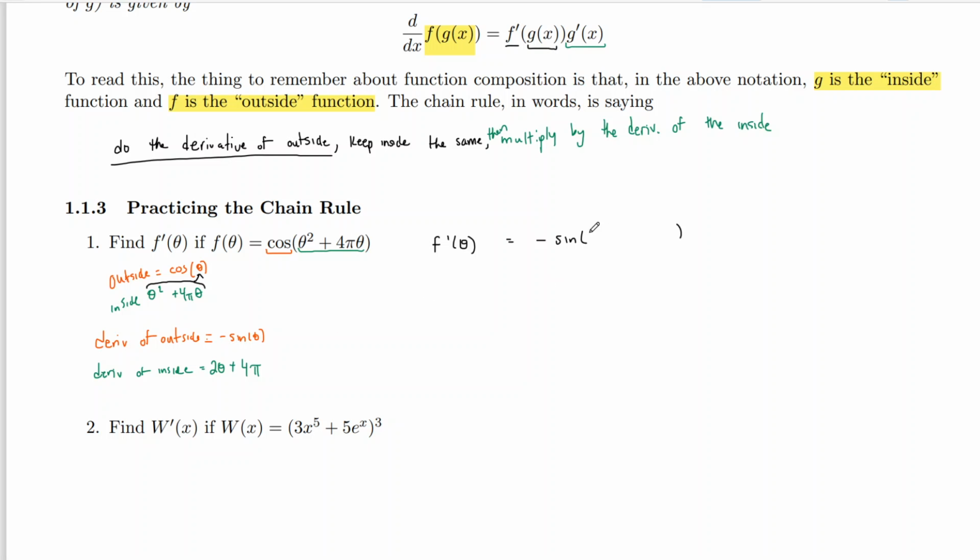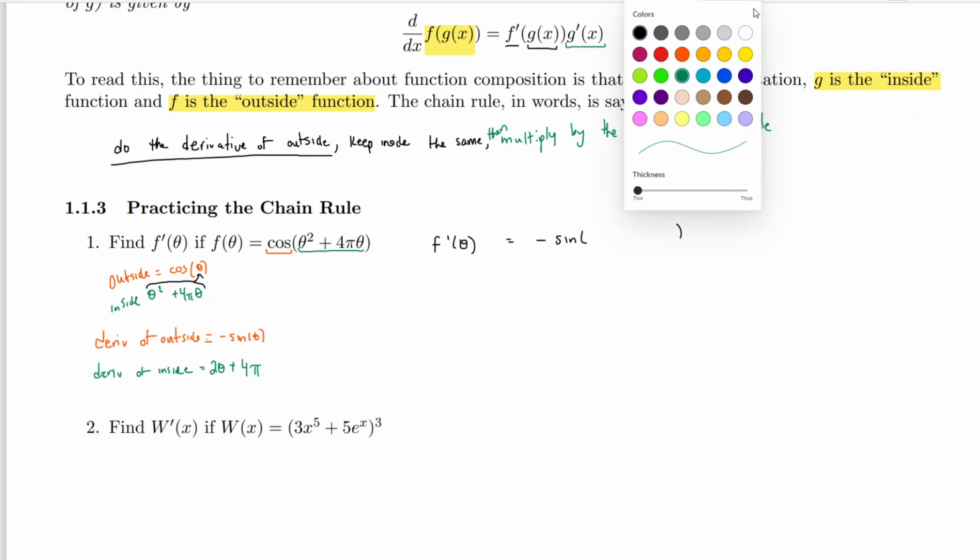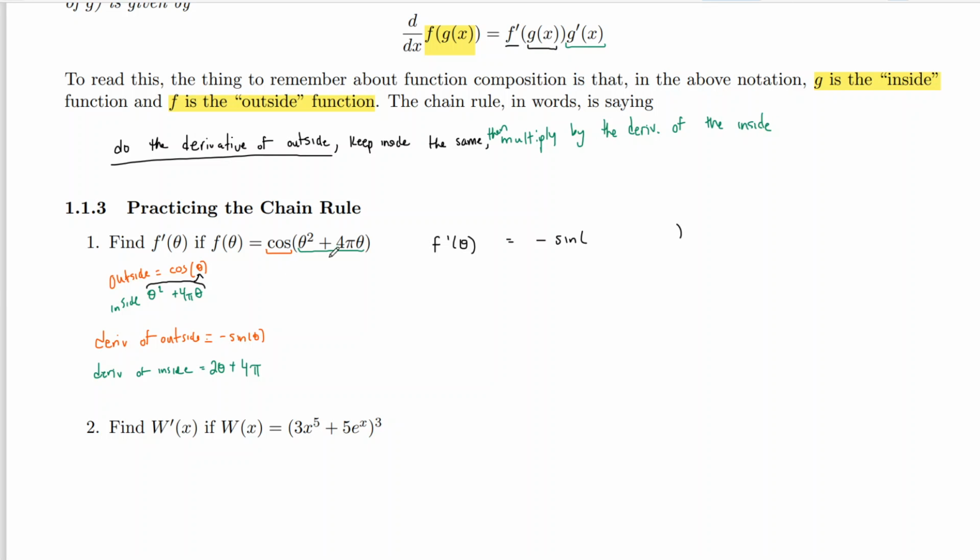So the inside of the negative sine of theta, I don't really use theta. I still have to keep my inside in there, the original inside, the theta squared plus 4 pi theta. That's what this is saying here. I do the derivative of the outside, the derivative of cosine is negative sine, and then I leave the inside theta squared plus 4 pi theta the same.